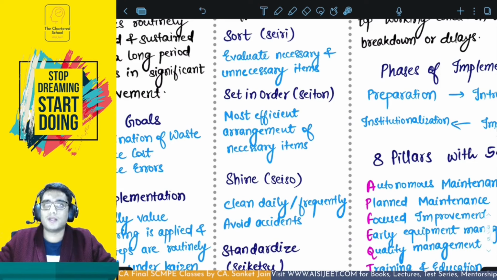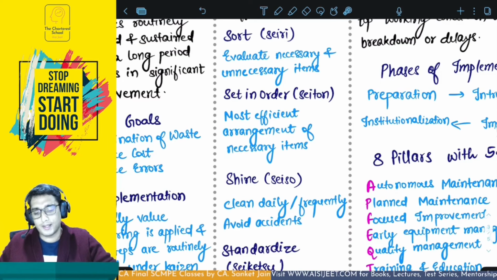Because what I'm using daily or more frequently has to be nearer to me or more accessible to me. Similarly, all these necessary items have to be arranged in this most accessible arrangement. Therefore, you can reduce the time required to produce or process, so that you can improve productivity. So what you are doing is setting everything in order.